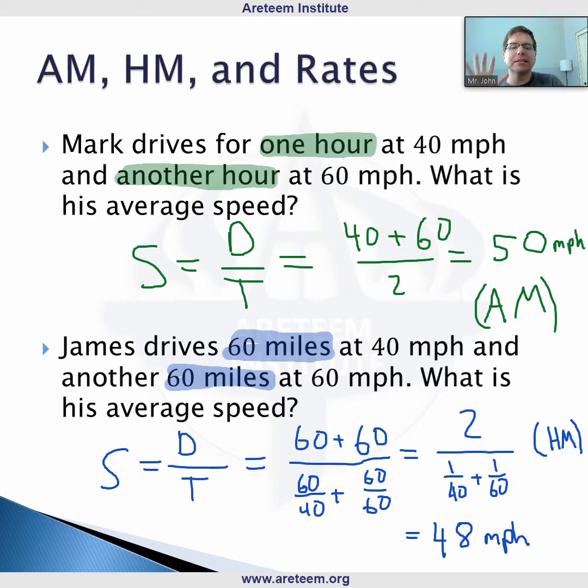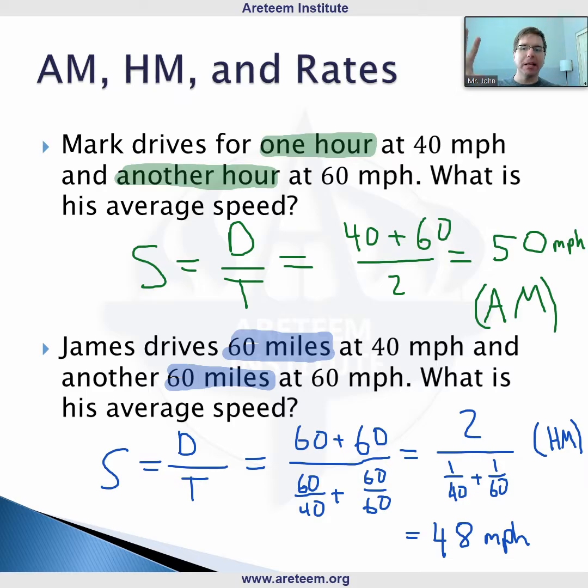Because if you're going the same time on both speeds, then you just find the arithmetic mean, the average. But if you're going the same distance, that means you're going a longer time at the slower speed. A slower speed means a longer time, and that's why that average speed is smaller in this case.